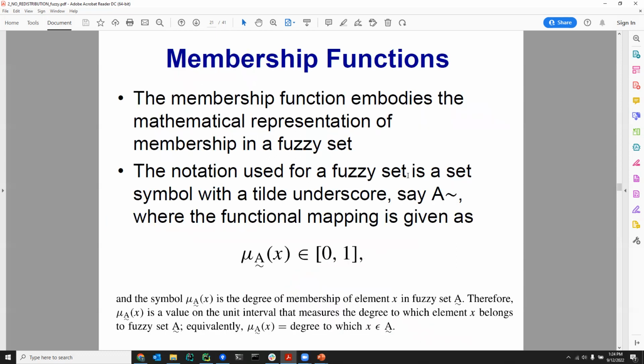The common notation used for fuzzy membership is mu, the symbol mu. The subscript in this case is the fuzzy set that you are measuring the membership in. And this is the input value, the value of who you are measuring the membership.